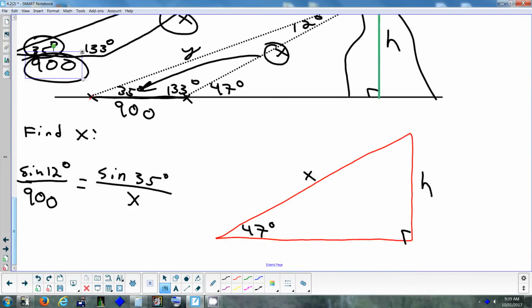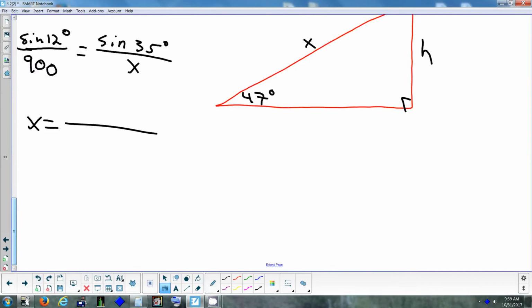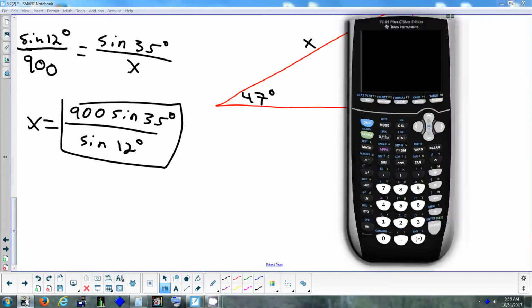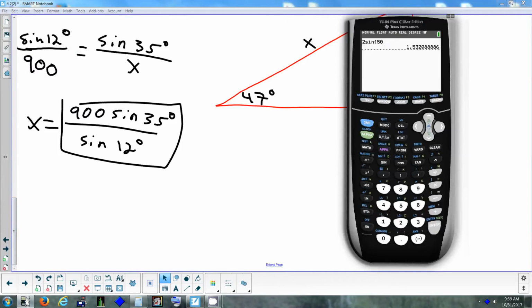All right, so let's cross multiply. So we're going to get 900 sine 35 over sine 12. Okay, and that's x. So let's see what we get. And that is probably the hardest thing to find in this problem.